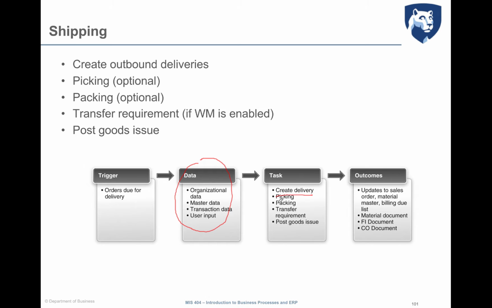You need to create the delivery, then picking, packing, transfer requirement and post the goods issue, and the output is of course the creation and the satisfaction of the delivery documents, the update of all the documents that you have created in the previous phases, and of course as shipping is a physical activity, it gives rise to cost and operation by people and by materials and so on. Of course, you need to touch some financial and management accounting aspects that then have an impact on several documents.